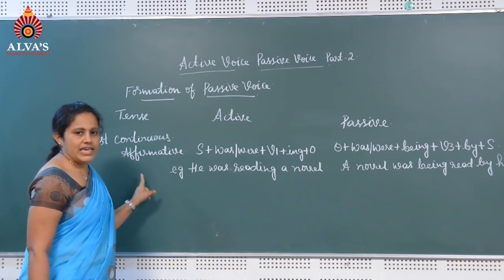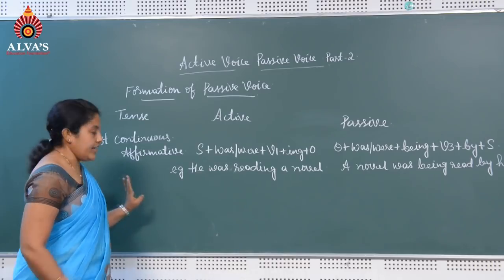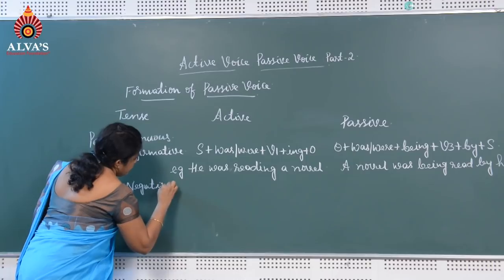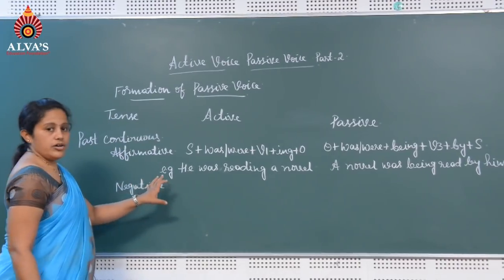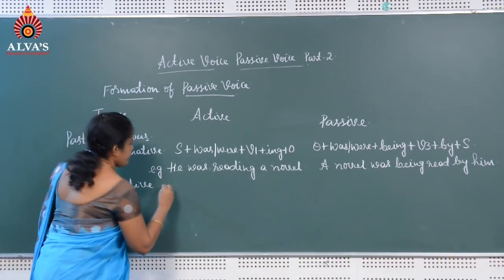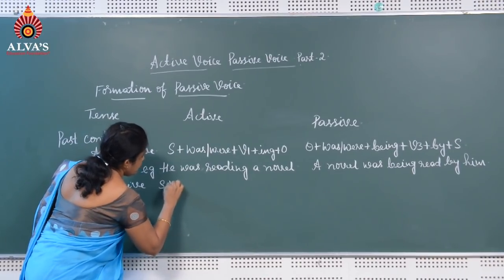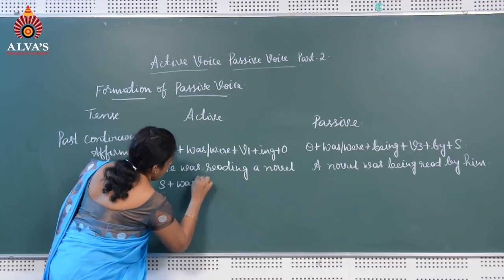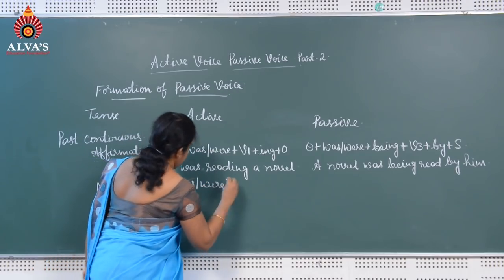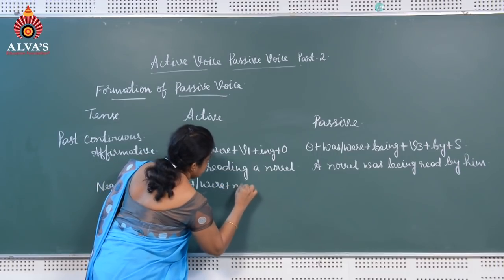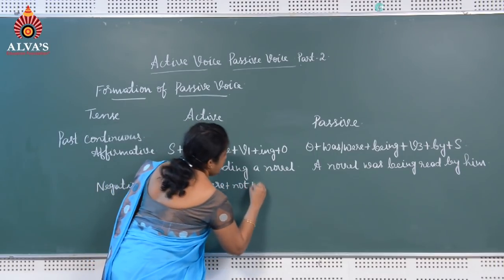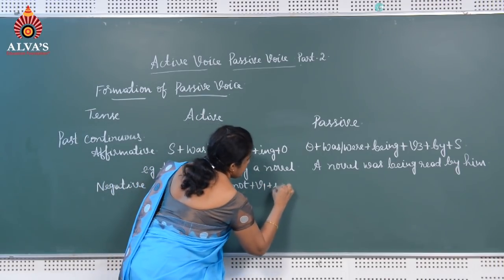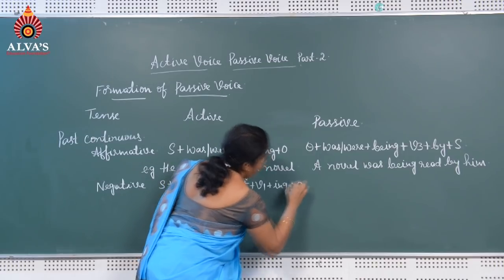Next, we have to see the past continuous negative sentence. The formula is subject plus was or were plus not plus first form of the verb plus ing plus object.